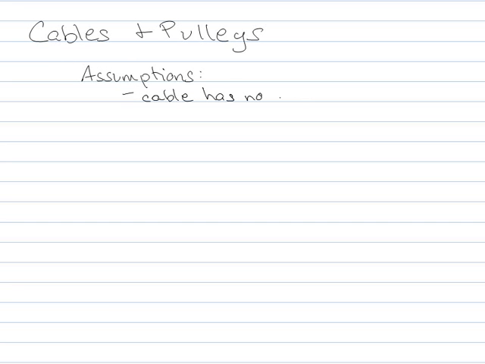And to solve for a cable with weight, you basically need calculus, and we're not quite doing that yet, but we will eventually, I swear. The cable can't stretch. It's inextensible. That's a favorite word. Inextensible. So the cable is inextensible.